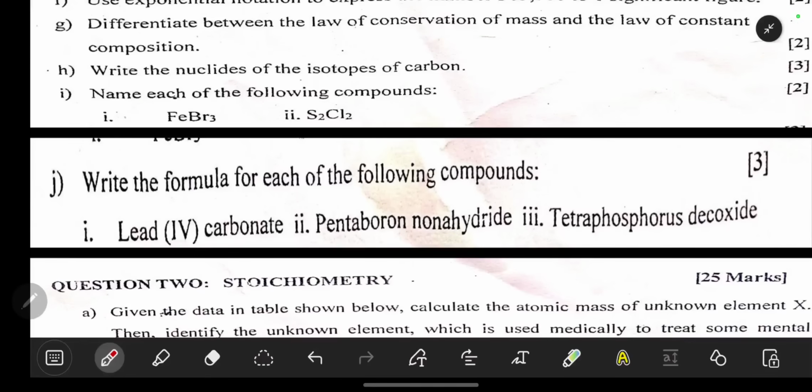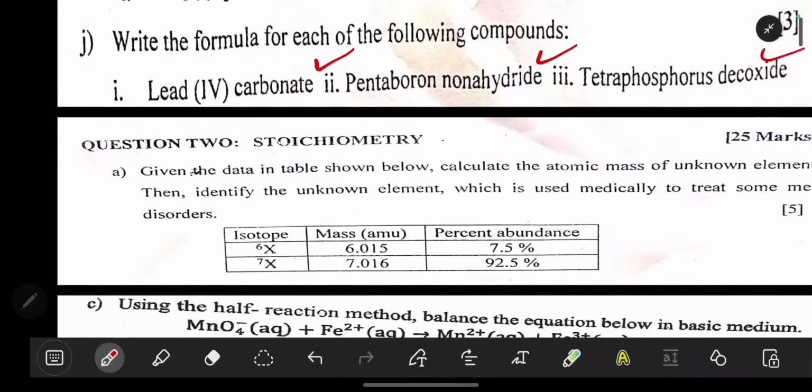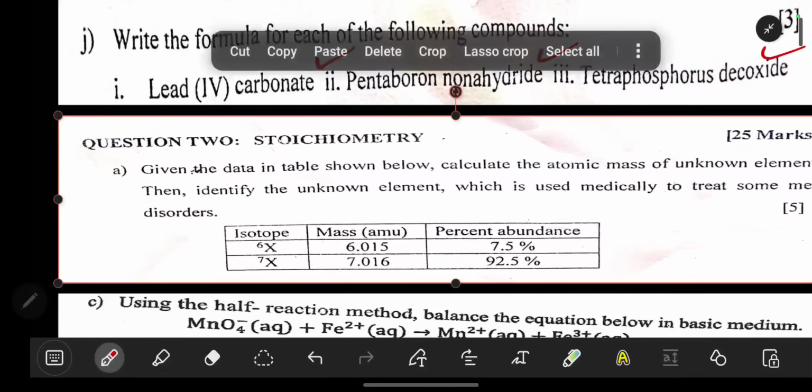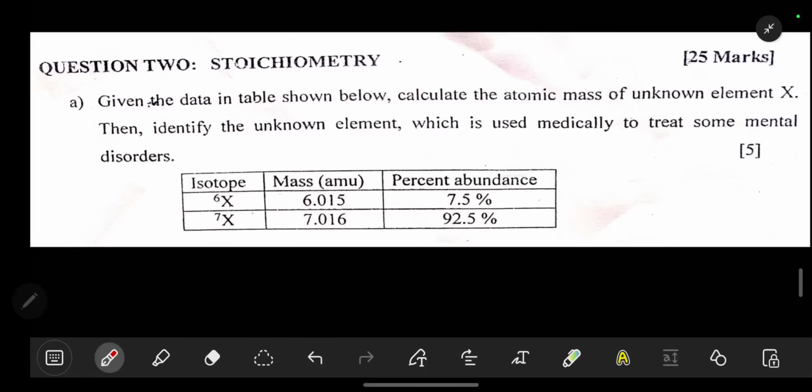So this was the question we were solving. The next question is on stoichiometry. Given the data in the table below, calculate the atomic mass of the unknown element X, then identify the unknown element which is used medically to treat some mental disorders. Videos have been created where I solve many of these problems.